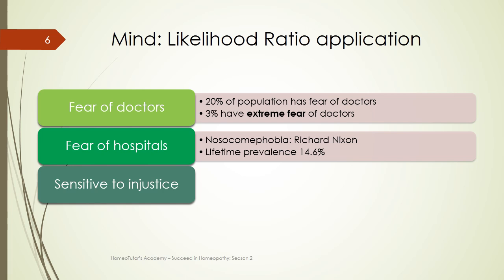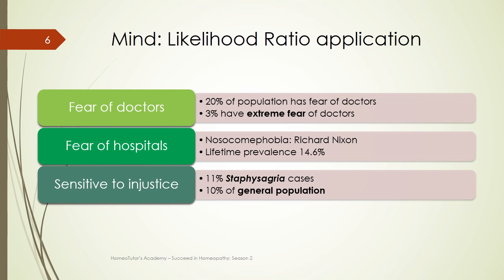Also, this patient has mentioned that he is sensitive to injustice, and the interview has revolved around this for quite some time. Looking at the data available in the book which I mentioned earlier, the specific case of Staphysagria has been quoted. We are told that 11% of Staphysagria cases are sensitive to injustice, and the number for the general population is 10%, which means that the LR, or the likelihood ratio, is just 1.1.